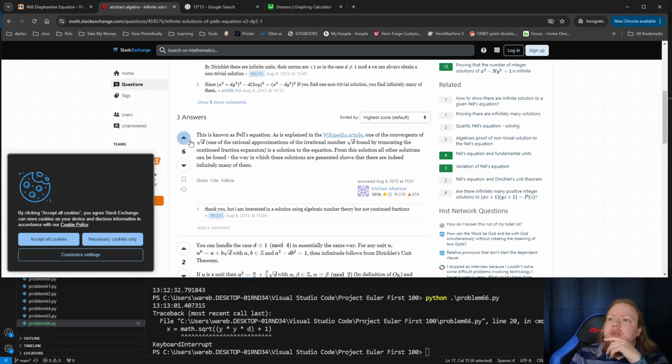One of the convergents of the square root of d, one of the rational approximations of the irrational number, found by truncating the continued fraction expression, is a solution to the equation. From this solution, all other solutions can be found. The way in which these solutions are generated shows that there are indeed infinitely many of them.